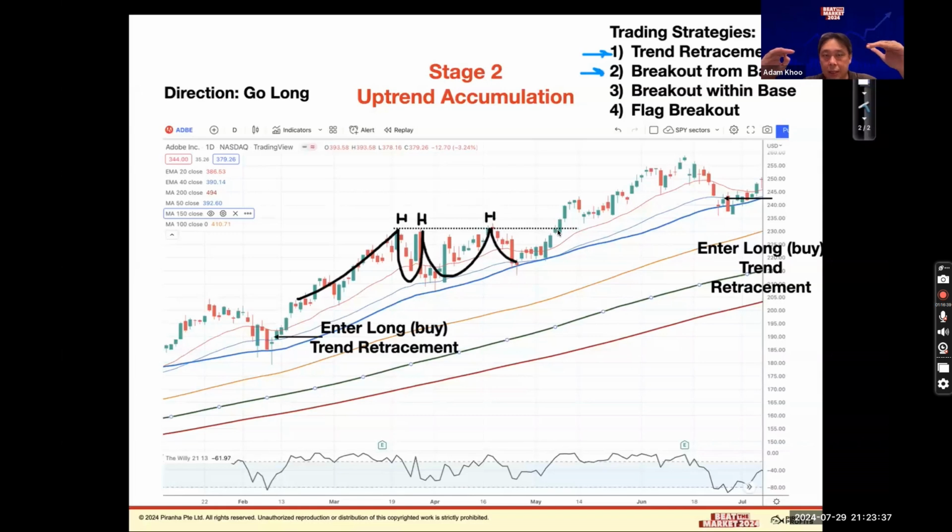It is a resistance within a stage 2 uptrend. Whenever you see this, you can buy the moment it breaks out of the resistance. You see this bullish candle that closed above this resistance? This is a buy point. We call this a breakout from base entry, because the price goes up, makes a base, breakout, enter, catch the trend.